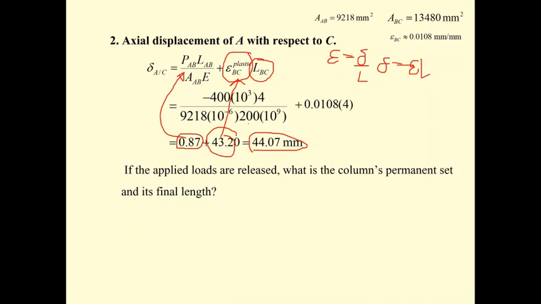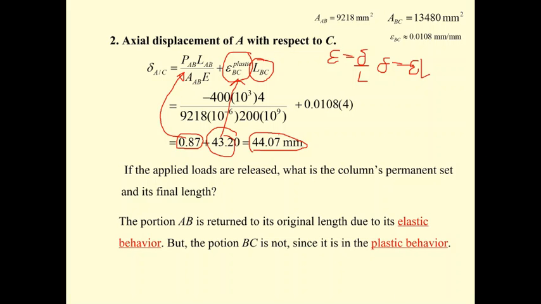So that is the settlement, or the decrease in the height of point A with respect to C. And then if we release all the forces, for example, if we are going to repair this structure, AB is going to return to its original length, but BC is not, because BC has plastic behavior.